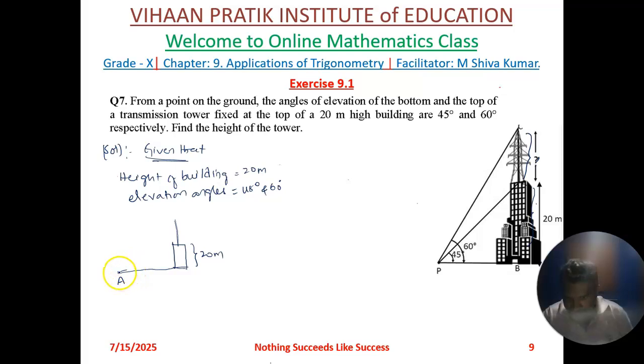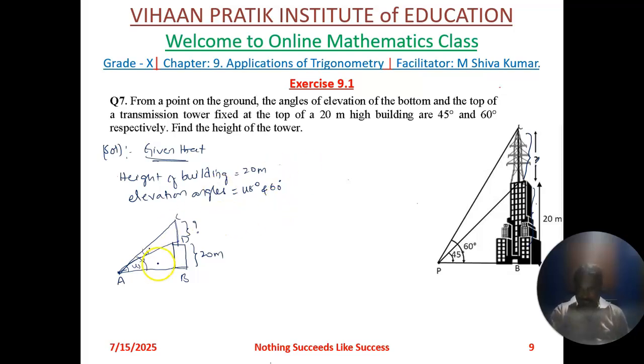One angle of elevation is towards the bottom of the tower or top of the building, which is 45 degrees. Another angle of elevation is from the top of the tower, which is 60 degrees. We name the points B, C, and D. This is what we need to find.